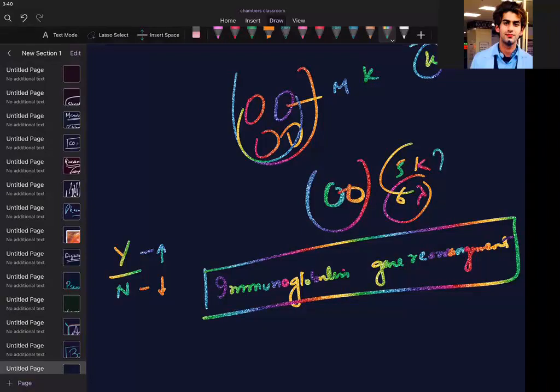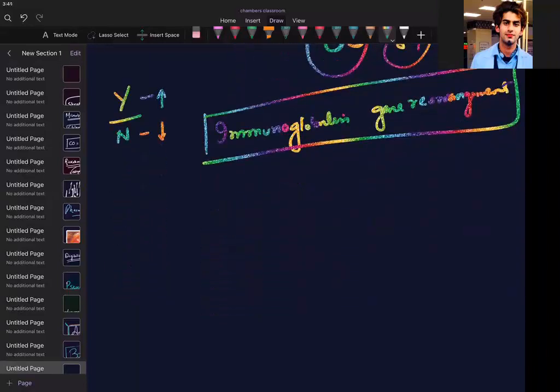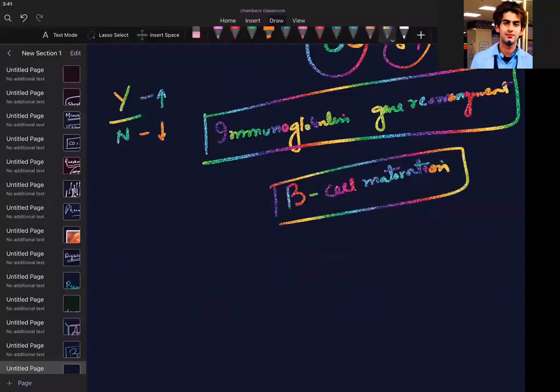It's so simple, guys. Immunoglobulin gene rearrangement is seen in which case? First, you should understand that it is seen whenever a B cell is maturing. So that means you haven't read immunology. It is seen in B cell maturation.